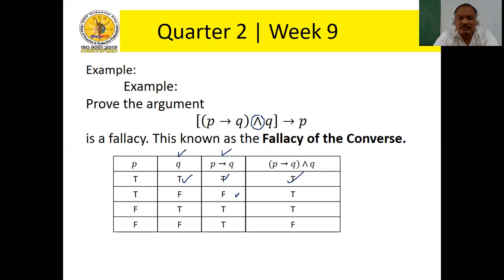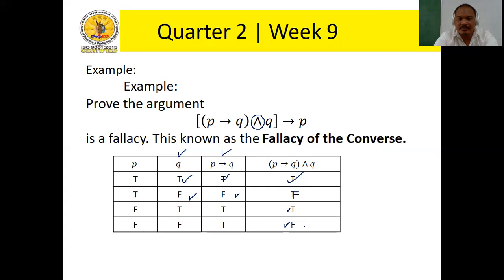False, false will become, this will be false. Okay, this will be false. Okay, then true, true will become true. Then false, true will become false. Okay, so we have true, false, true, false.